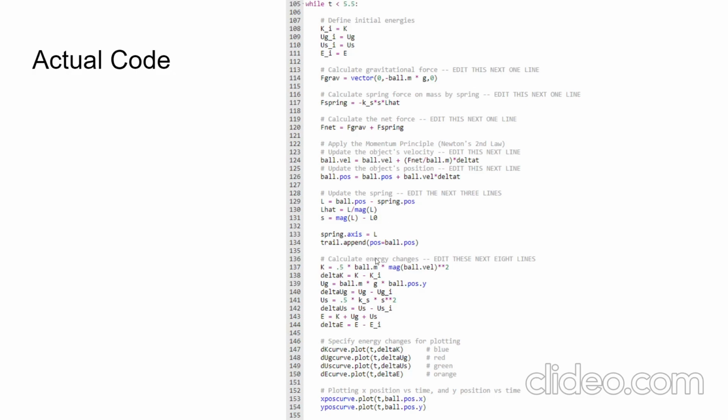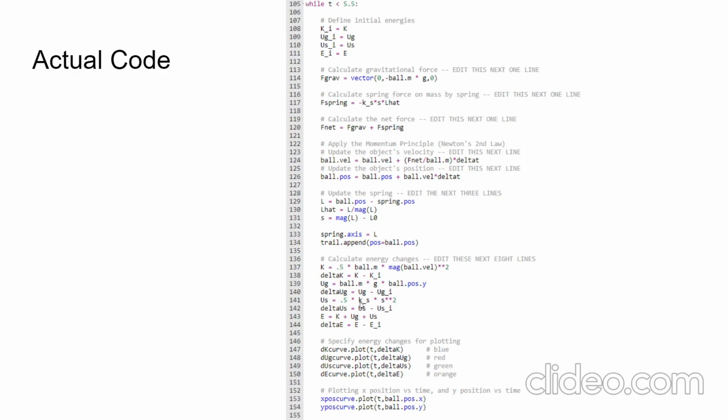And for our energy changes, we have k equal to 1/2 m v squared of the ball. And for delta k, it's just final k minus initial k. For potential energy of gravity, it's mass times gravity times h, which is the y position of the ball.